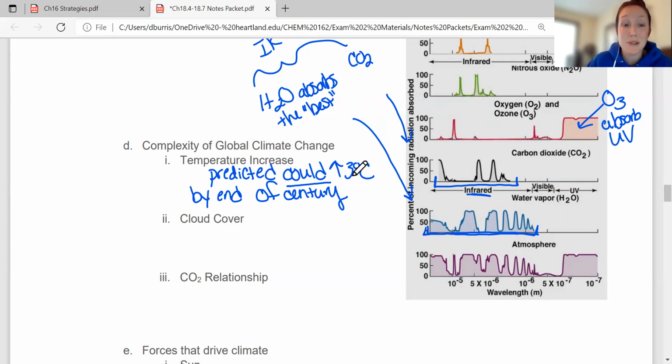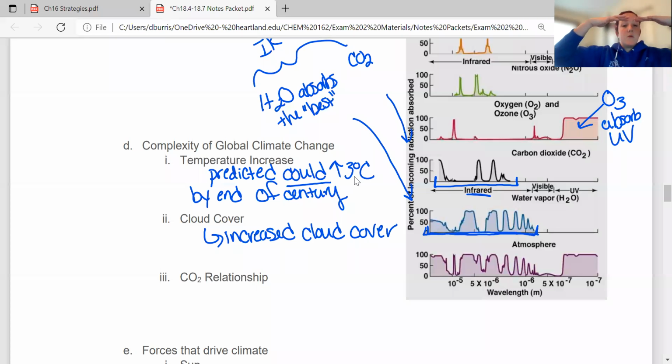We don't really know 100% what's going to happen until it happens, unfortunately, because as the temperature increases, it changes the weather. So we also get increased cloud cover. And when we have more cloud cover, then we don't have as much radiation coming all the way through. So that would be something that counterbalances the temperature going up because of greenhouse gases. Okay.